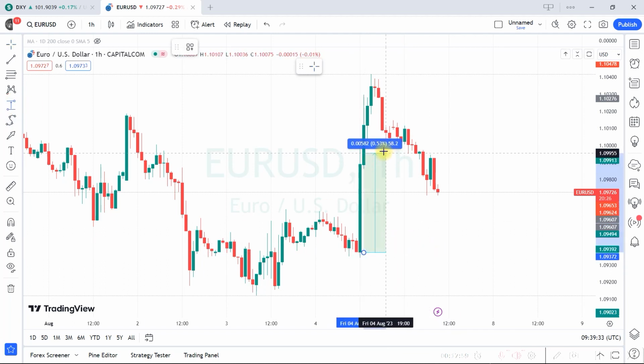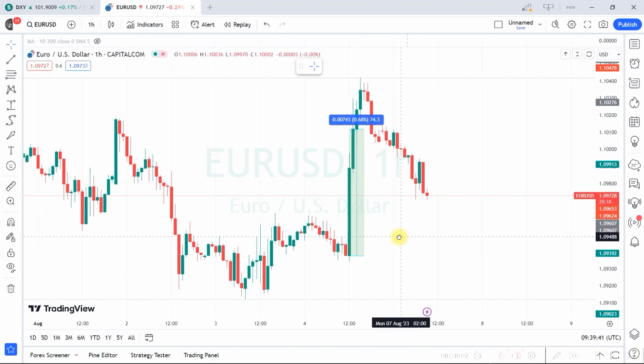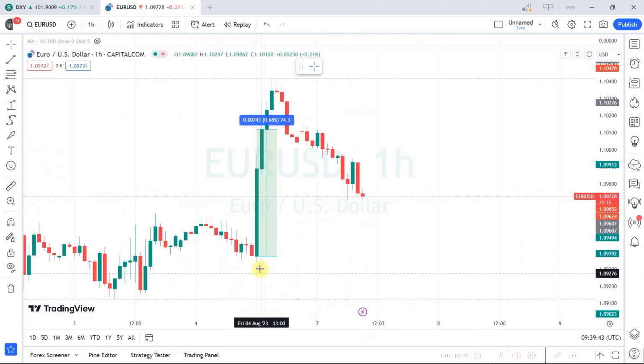This was the next 2 hours after the NFP release. You can see here, during these 2 hours, the move from the open to the close was 68 basis points.